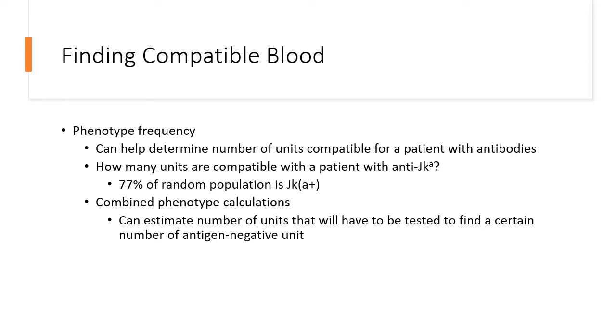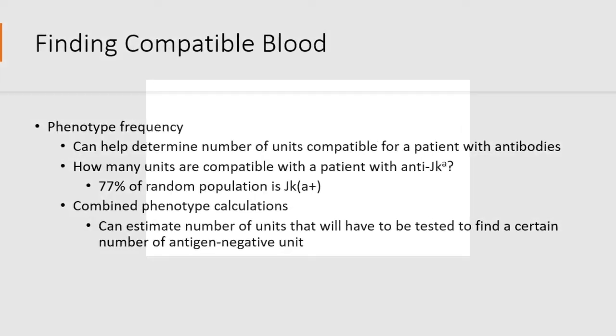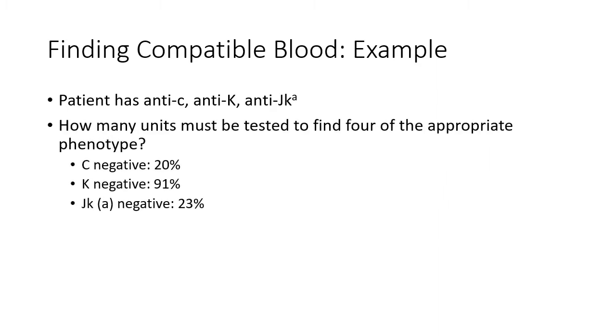So let me explain that to you with some words behind it that you can visualize. Here's an example. There's a patient. The patient has an anti-c, an anti-Kel, and an anti-JKA. How many units must be tested to find 4 of the appropriate phenotype?